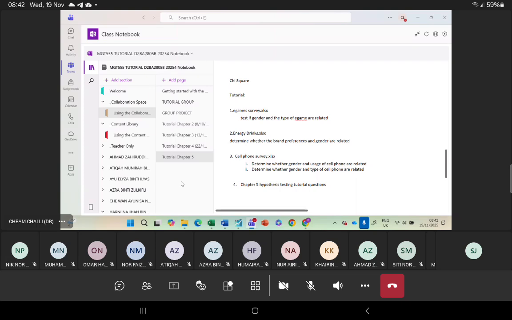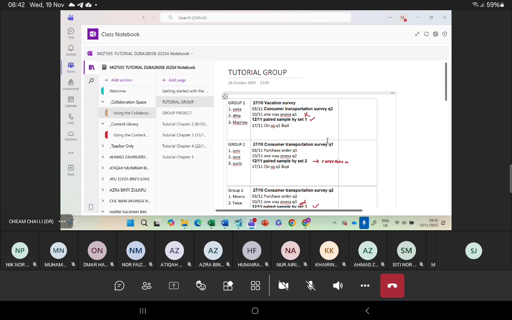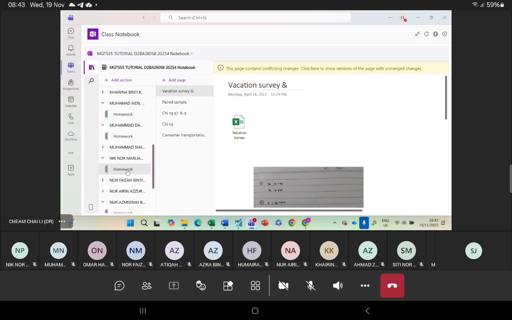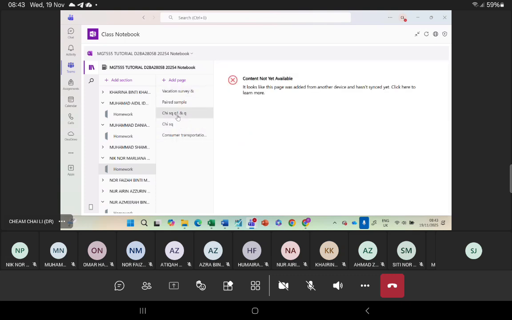Okay, so now we look at kumpulan yang pertama, back to question 1. Group 1, chi-square, right? So this time I refer to Nik Mariana, madam. Okay, masih lagi Nik Mariana. Is this the one?